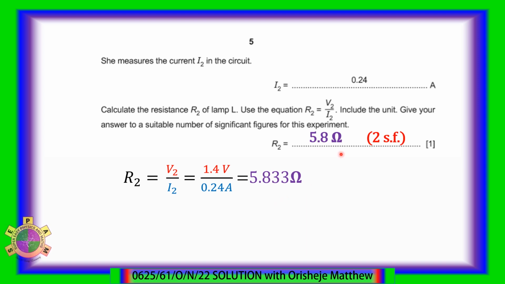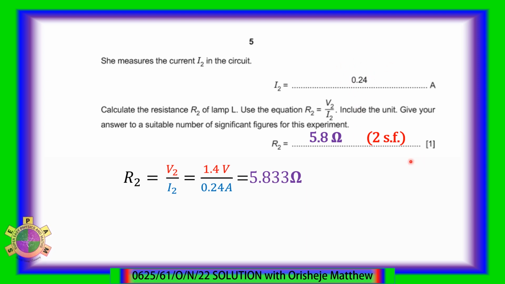So you are expected to put your answer to a suitable number of significant figures. So you can use 2 significant figures or 3 significant figures. But normally our ammeter can measure up to 2 decimal points like this, based on the values given to you. So just look at the values given in the question and write your answer according to the same number of decimal points.